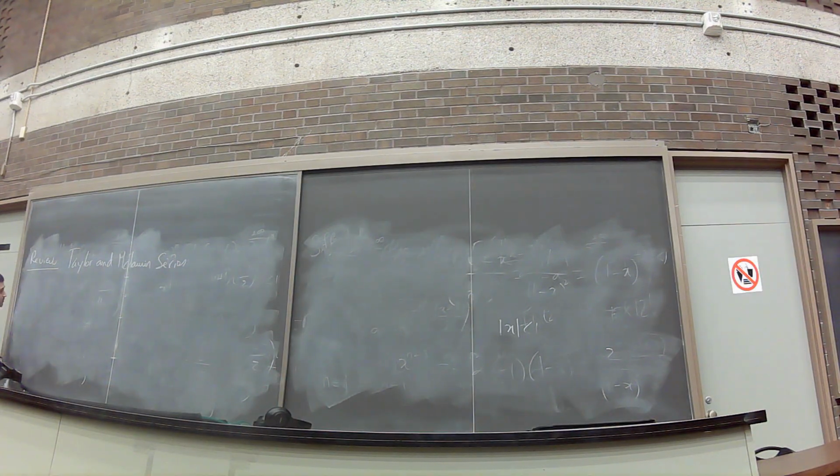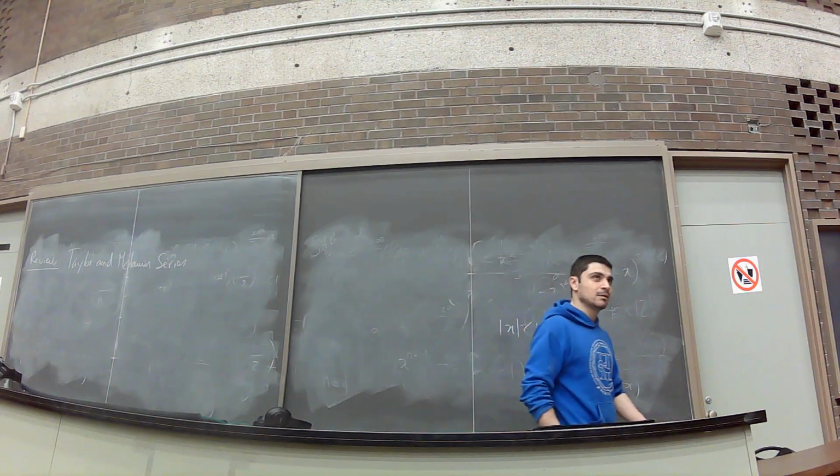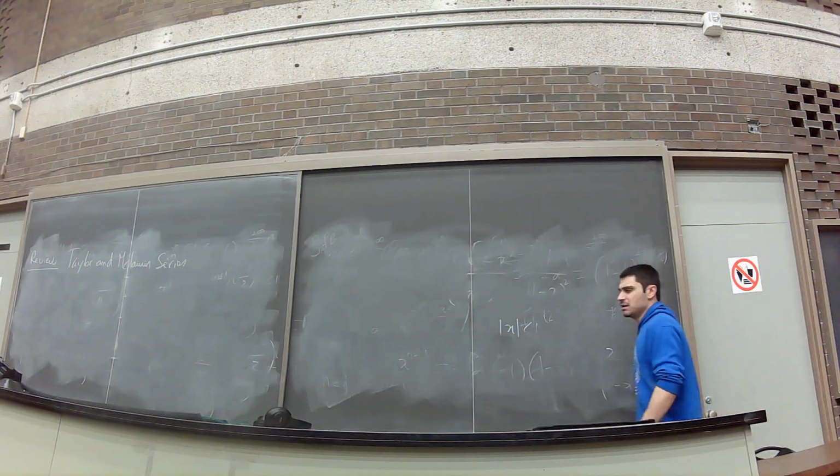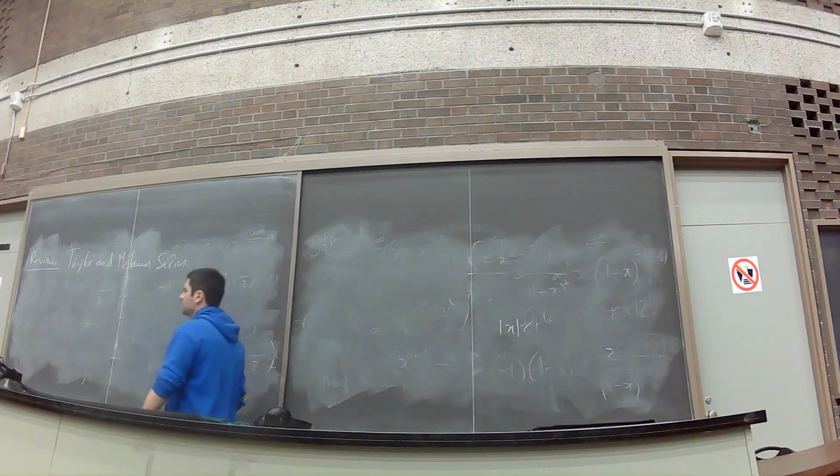Okay, so let's recap the motivation. Okay, guys, everybody, let's do the motivation. What was the motivation behind Taylor and Maclaurin series in Calc 2? There are many ways to motivate this.